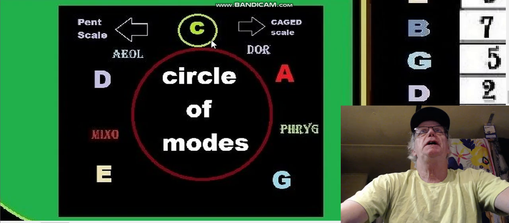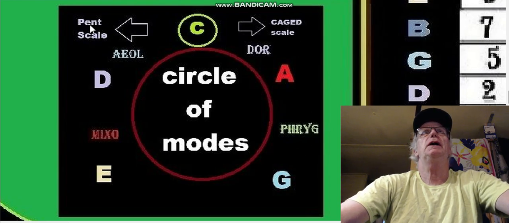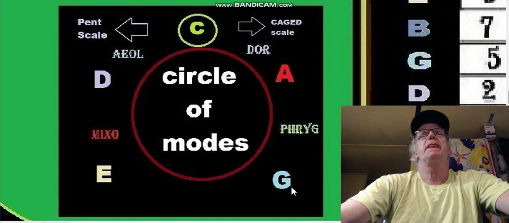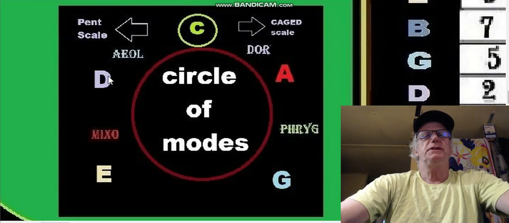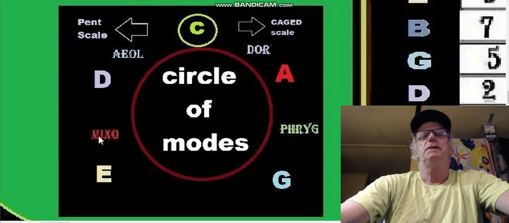C minor is on the top of the chart. Remember, going clockwise is caged, counterclockwise is a pent scale, C, D, E, G, A. So this is a pent scale diagram. We're going to skip 2 members here to get to mixolydian.